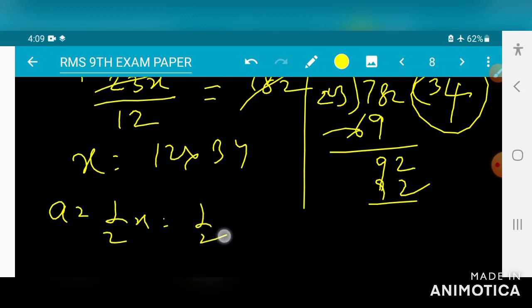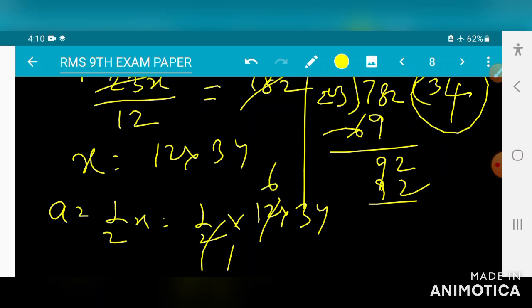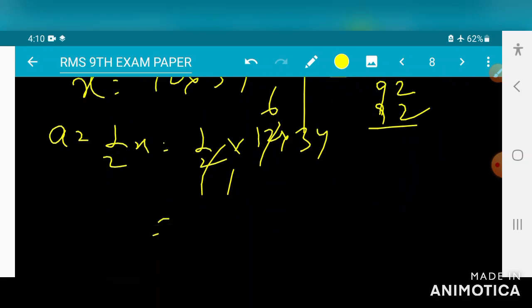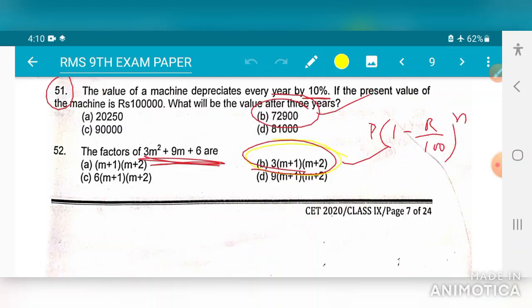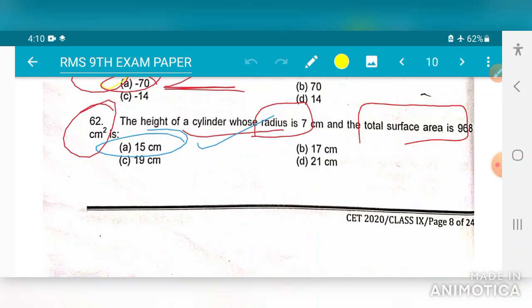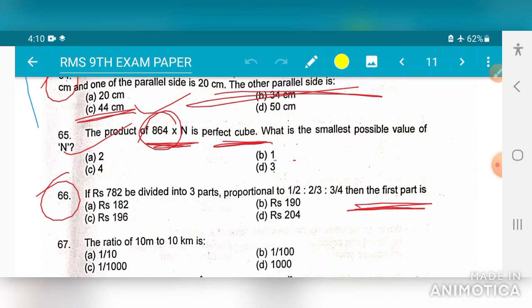So 1 by 2 into 12 into 34 is 6 into 34, which is 204. This is the answer: 204.